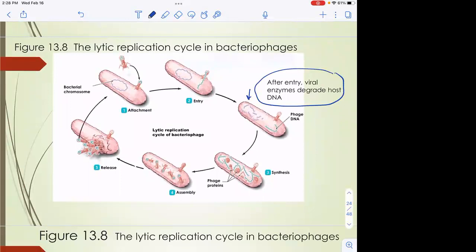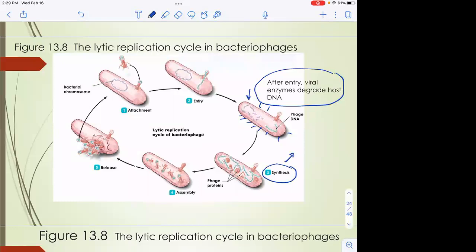Okay, so you can actually have lots of phage infecting that cell all at once. We'll see that in a picture in a minute. Sometimes that happens. That host chromosome is degraded. And then in the synthesis phase, the virus is really taking over the host cell machinery.